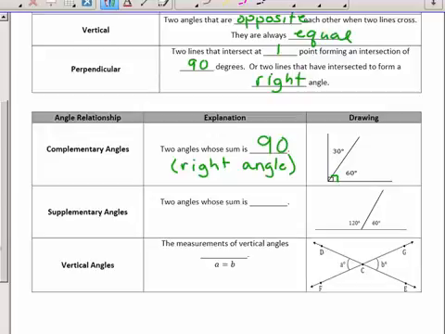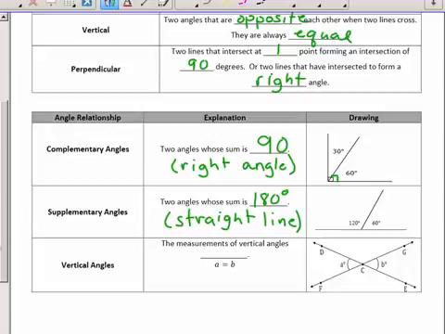So 30 plus 60 would give us 90 degrees. Supplementary angles are two angles whose sum is 180 degrees. And that means that they make a straight line. And you can see here 120 and 60, you add those together, you get 180 degrees.